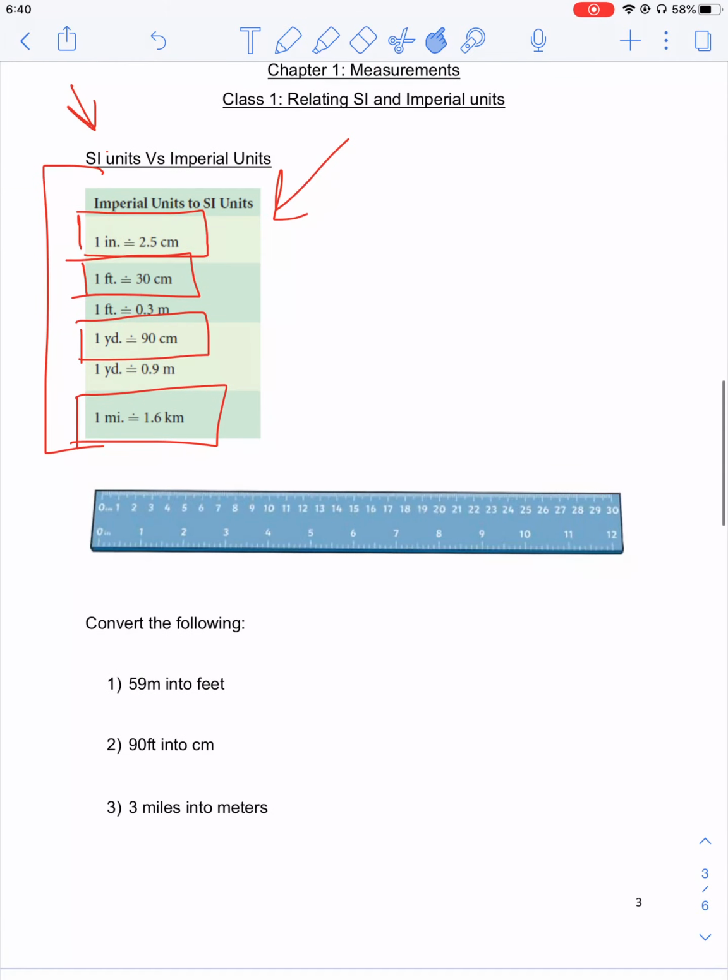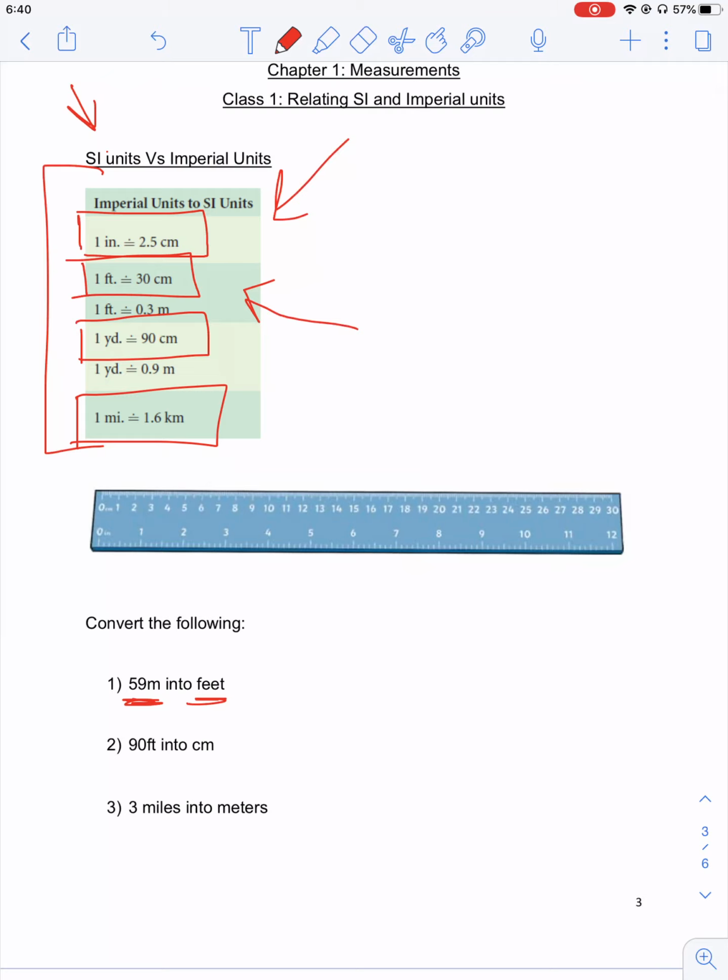Now, let's do these questions. So I have to change 59 meters into feet, okay? 59 meters into feet. So again, there's many ways of doing this. I don't really like to memorize a lot of stuff. I know this will be given to you, but I kind of know these ratios, the famous ones over here that I've kind of like highlighted for you.